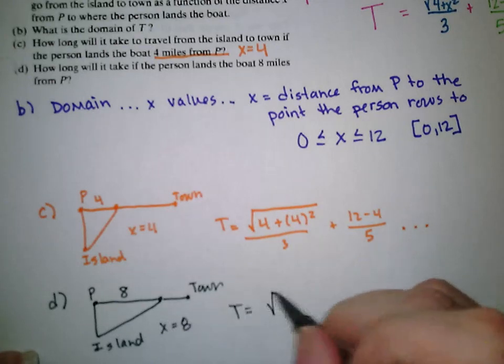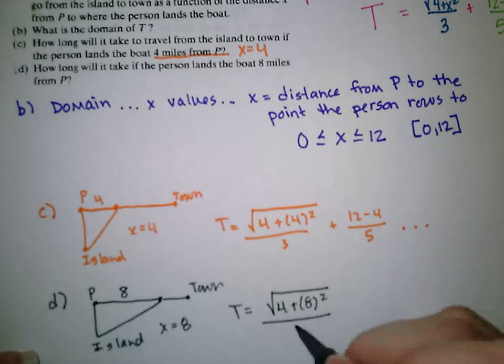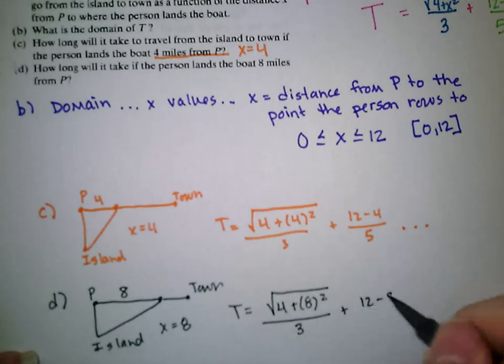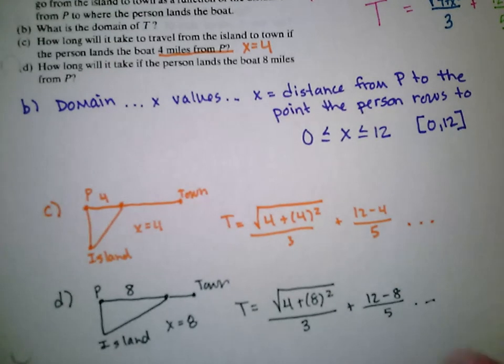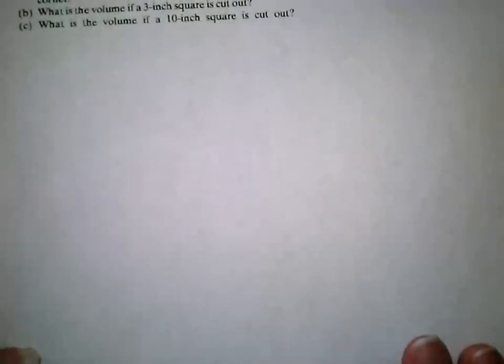So again, we just replace our x value with 8 and work that out. They could also ask us, where should we land the boat so that our time is minimized, but they didn't ask us that. So we don't have to answer that question.